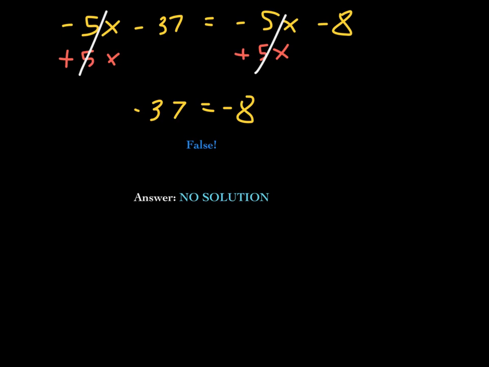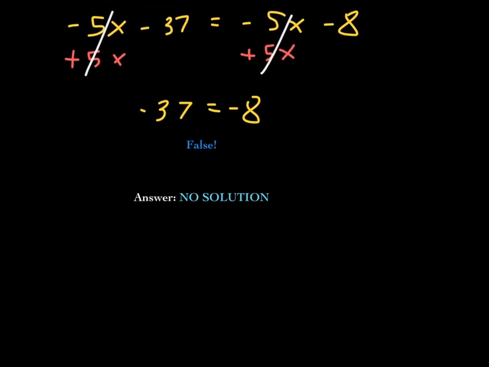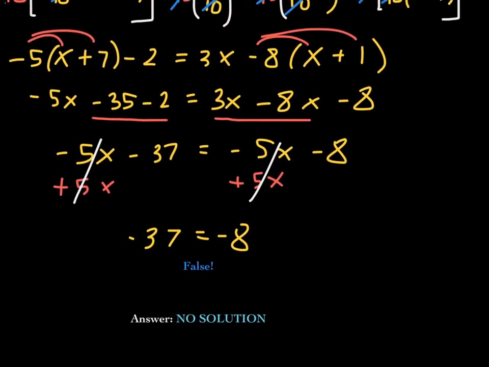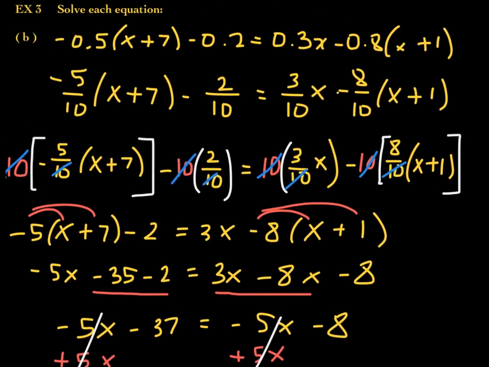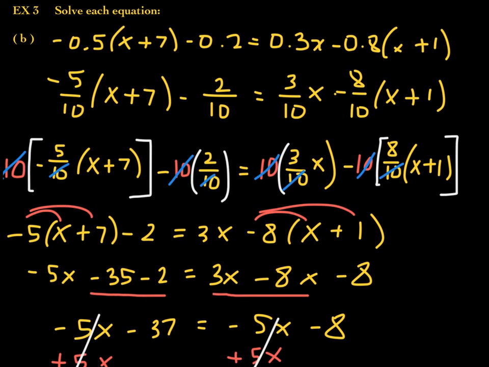And what that means is no matter what you plug in, where's the original equation? Here it is up here. The original equation is here, right? That means no matter what you plug in for x, it will not satisfy the equation. No matter what you plug in for x, this statement will always be false. This expression on the left will never have the same value as the expression on the right.